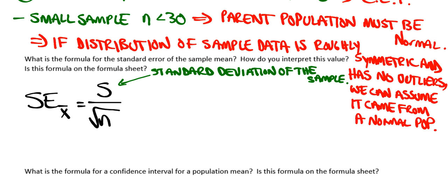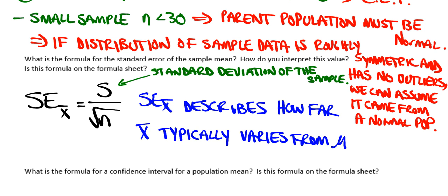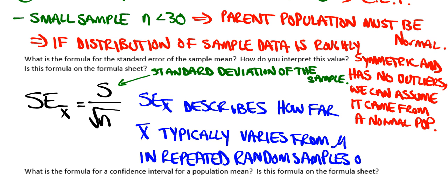And when interpreting the standard error of x-bar, it describes how far the x-bar will typically vary from the mean, and it's only going to work for repeated samples of that same size, whatever that size n is, because this standard error will change based on your sample size. So that is important to include in your interpretation for what the standard error is.